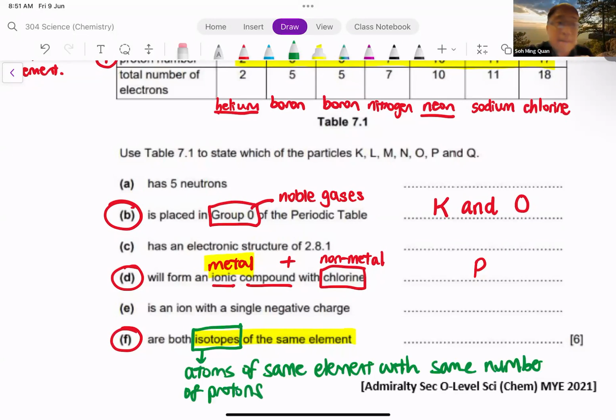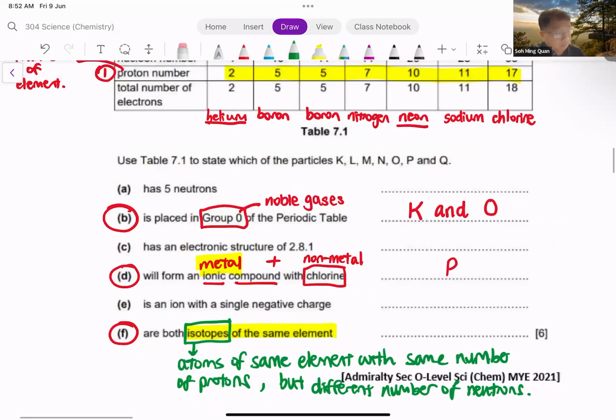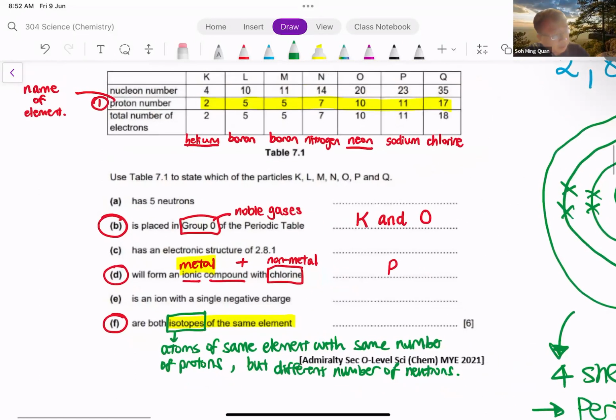So the proton number is the same. They are the same elements, but a different number of neutrons. So the only difference is their number of neutrons. So just based on this sentence, you can clearly see there are two particles which are the same element. And that's, of course, the two boron atoms. That's L and M.